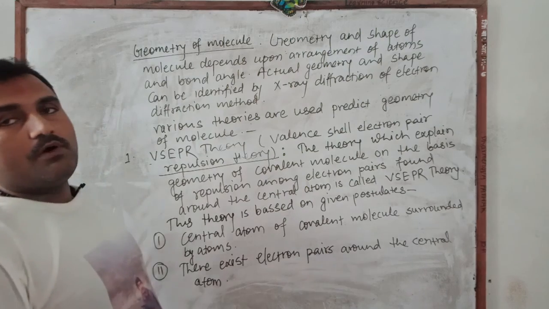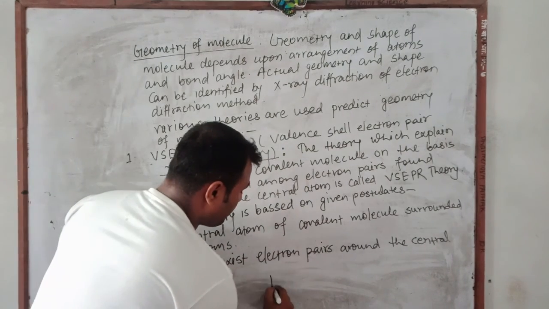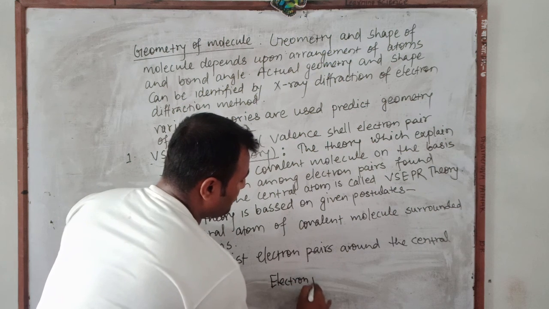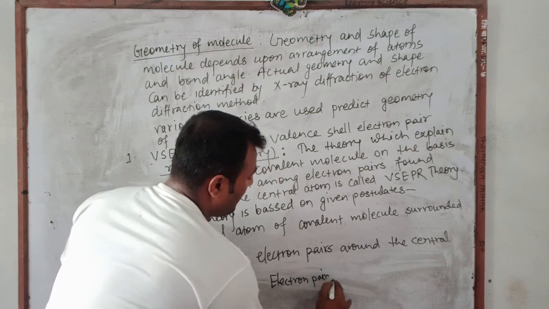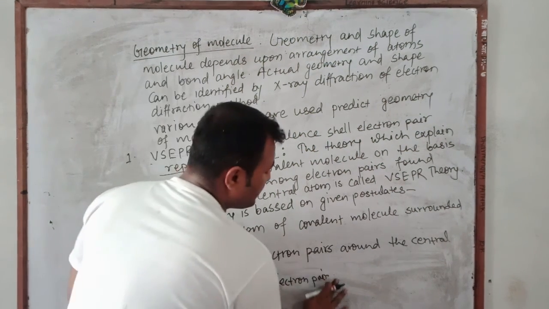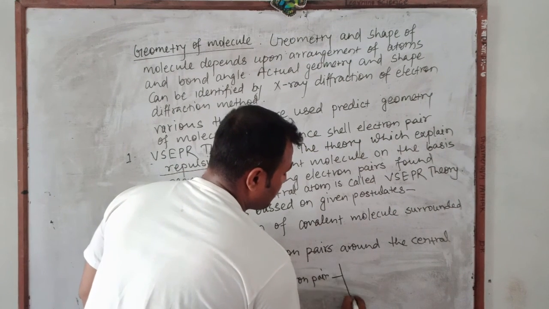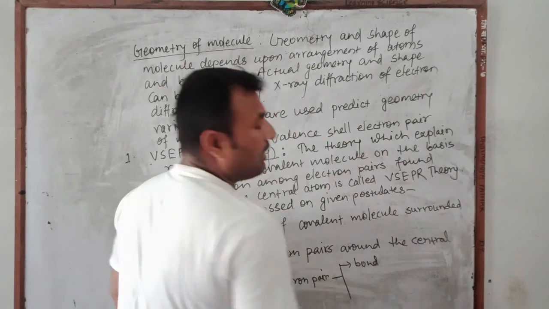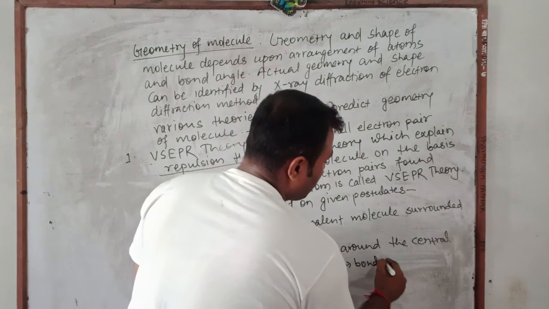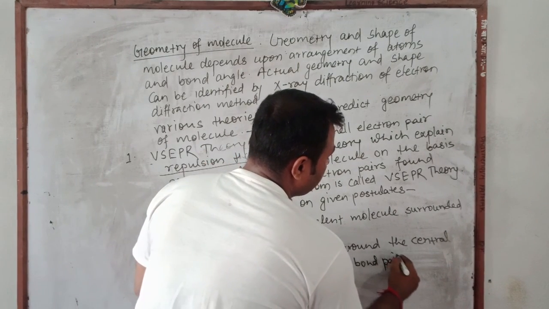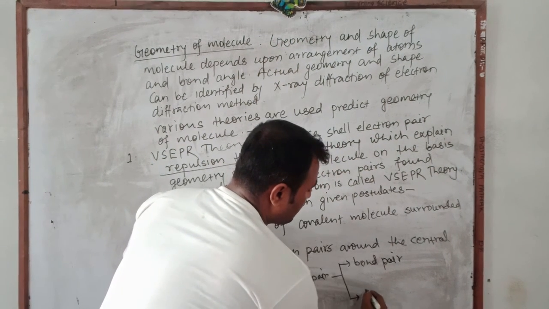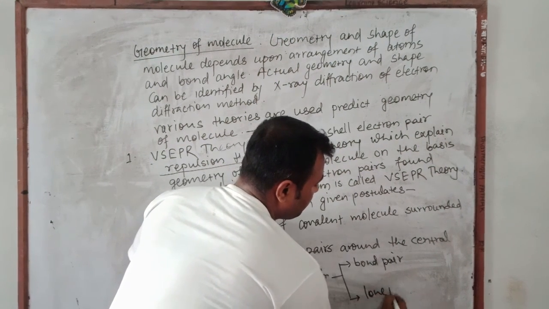Mainly two types of electron pairs are found, and we define that electron pairs are of two types which are present around the central atom. The pair of electrons involved in bonding is called a bond pair, and those that remain without bonding are called a lone pair.